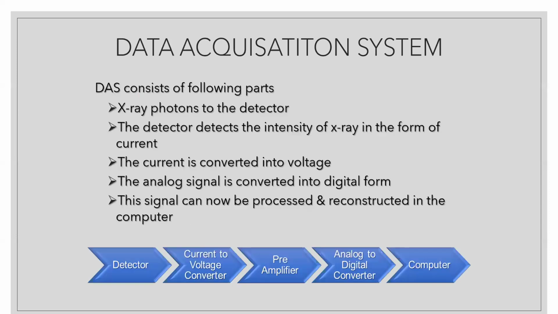How does it do this? In the following process: the X-ray photon is received by the detector, and the detector detects the intensity of X-rays in the form of a current. The current is converted into voltage. The analog signal is converted into digital form, and this signal can be processed and reconstructed in a computer. This is the simple flow diagram for how it is done.